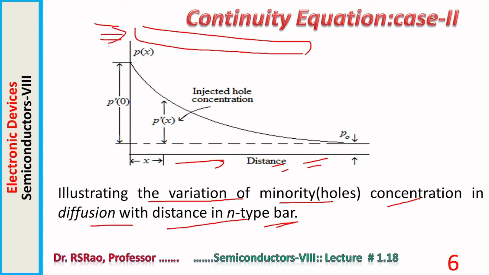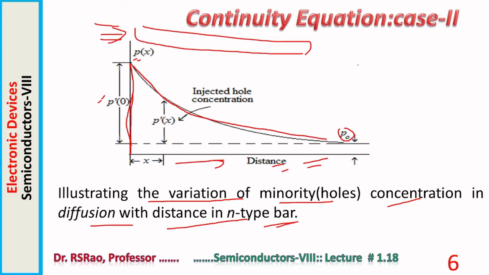Illumination is done here. This is whole concentration due to illumination. Another component of whole concentration is P naught. Both put together is total whole concentration, indicated by P. Notice it is falling with the distance like this.